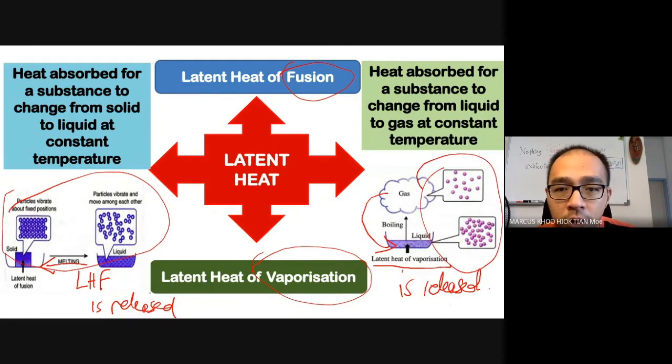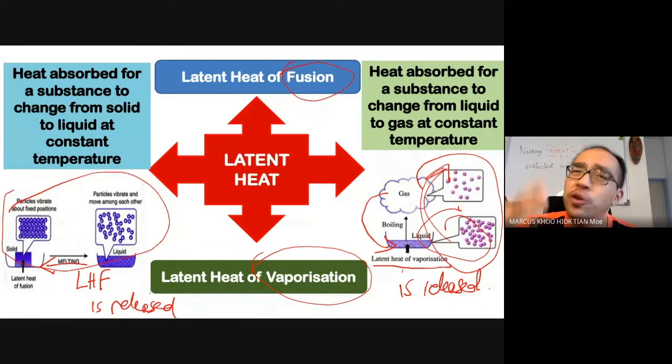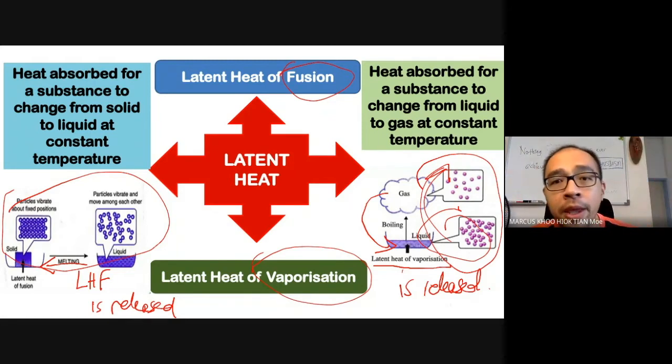Of course, it will be the liquid. Liquid changing to gas requires more heat energy to break up the molecular bonds because they are already not near to one another. Trying to break them up some more takes a lot more effort. So latent heat of vaporization is very, very high. It requires more heat to break up all these molecules so that they can turn into gas.